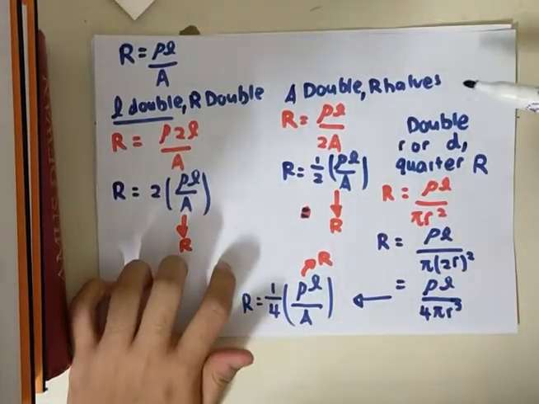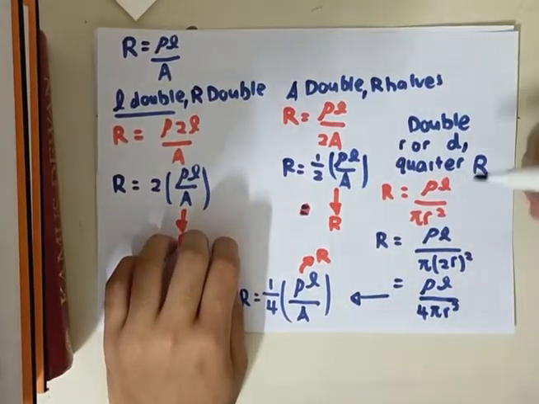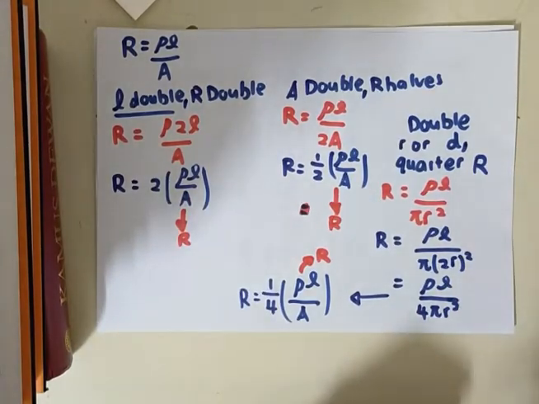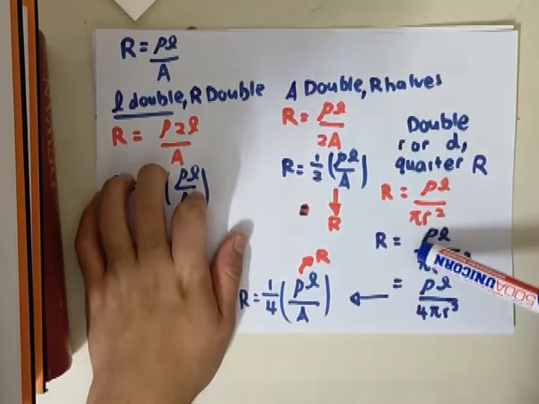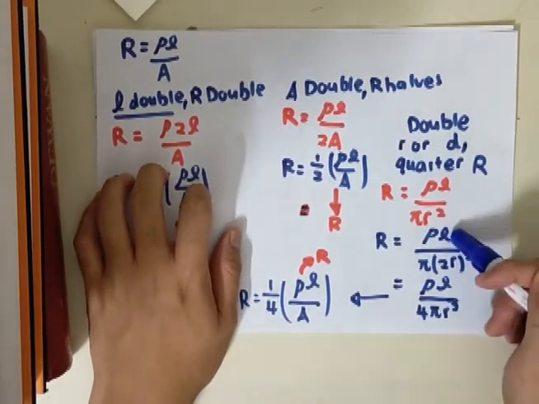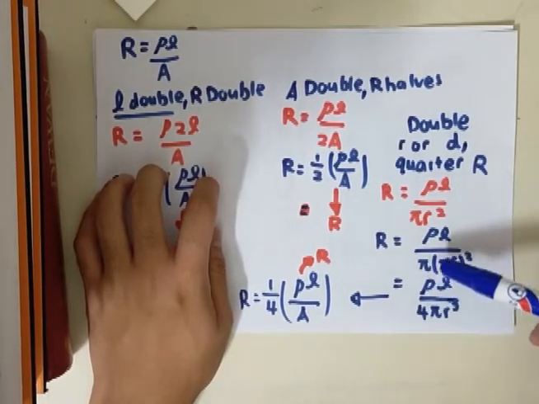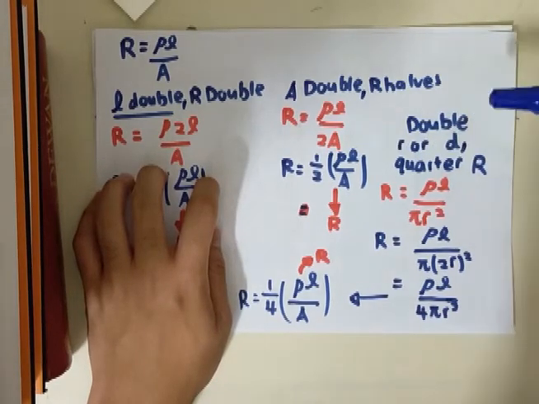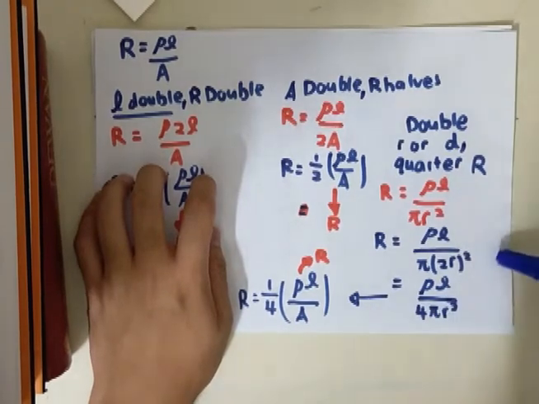Now comes the tricky one, which is doubling the radius or the diameter. This is quite tricky, so follow me if you can. R equals rho L over A, and your A is pi r squared, because your cylinder's cross-section is a circle. So R equals rho L over pi times, let's say you double your radius, pi times 2r squared.